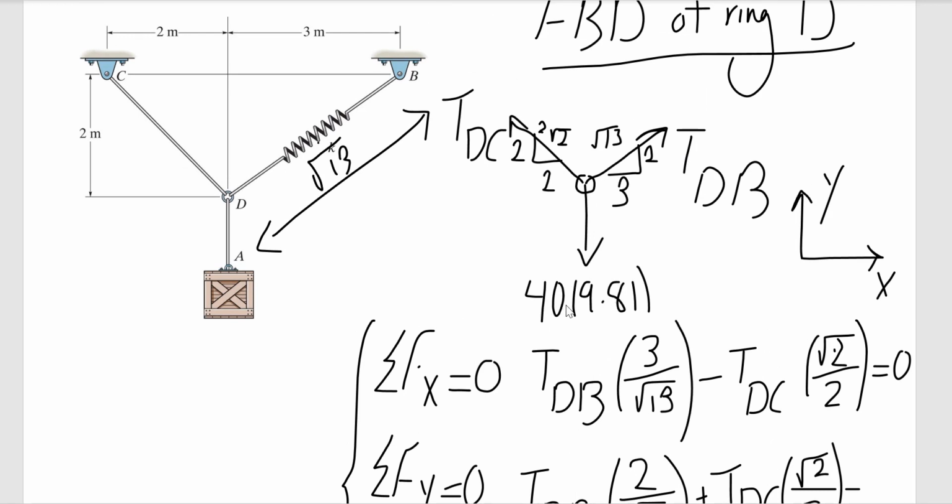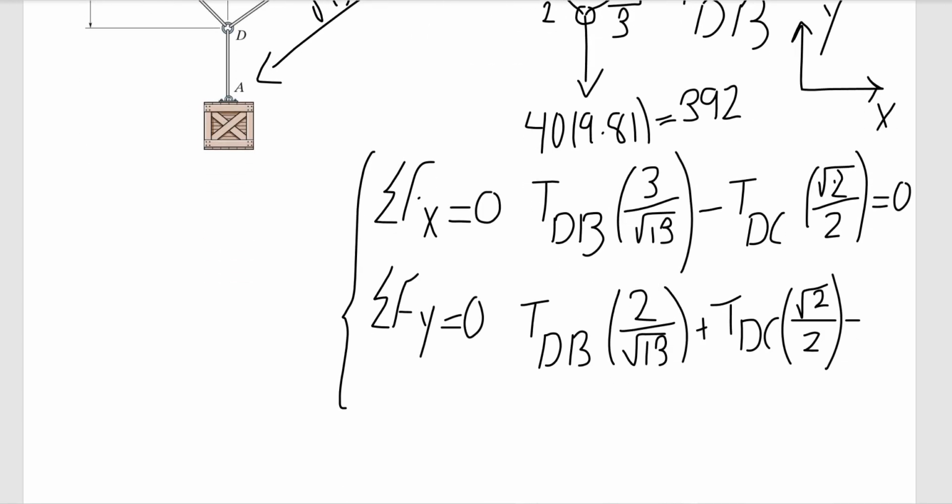I just multiply the 2, 40 times 9.81, that would be 392. So I write it here, negative 392 equals 0.